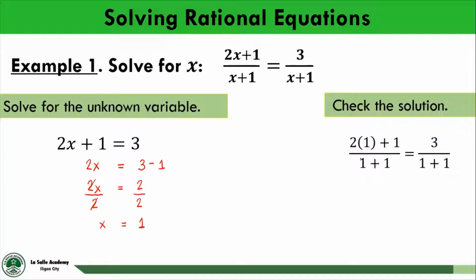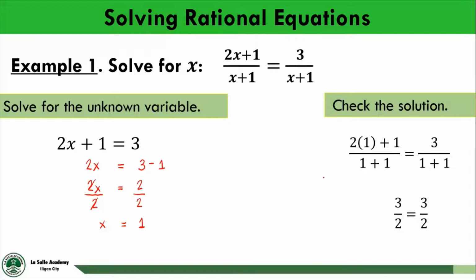We just replace the x variable with its corresponding value, which is 1. When you perform this, on the left side, that is 3 over 2, because 2 plus 1 is 3, then over 1 plus 1, that is 2. And on the right side of the equation, that is still 3 over 2.